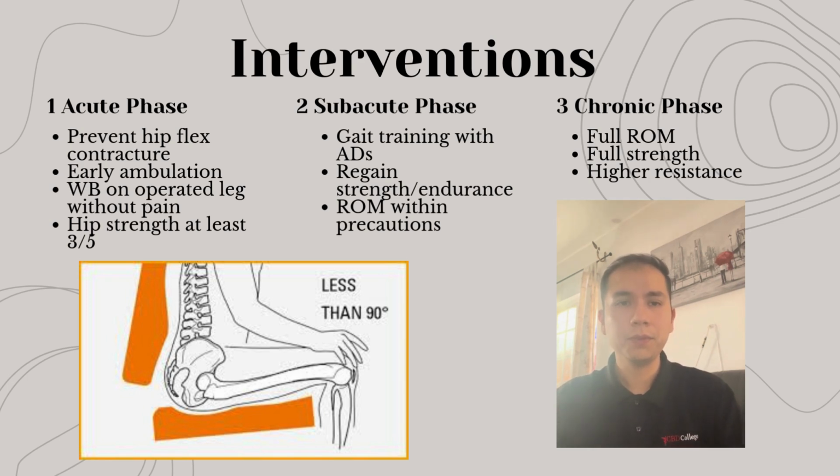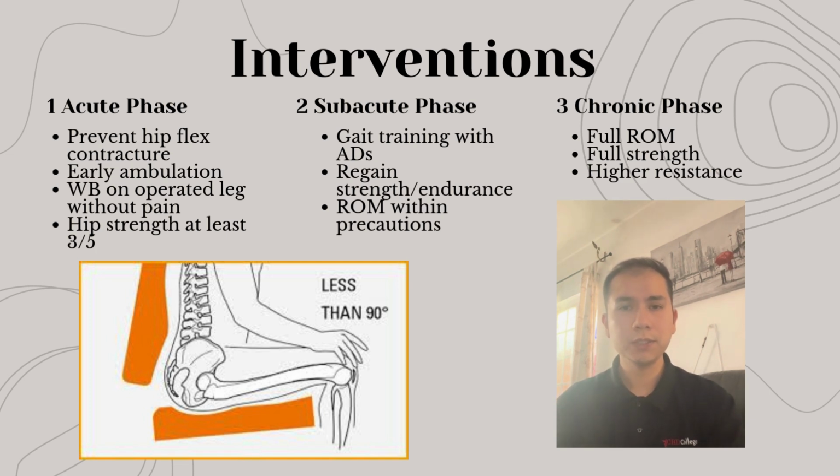We still could work active assisted range of motion, but we want to promote active range of motion and maybe do resistive range of motion and some functional exercises like squats and lunges, depending on the tolerance of the patient and the strength that they have built.